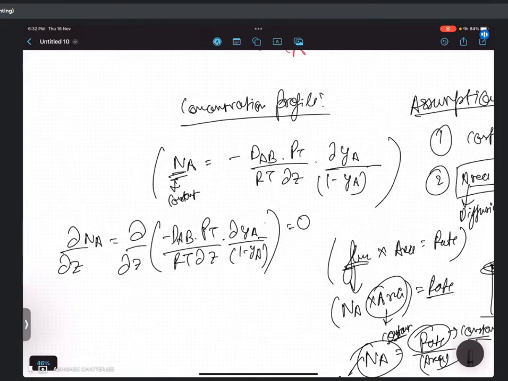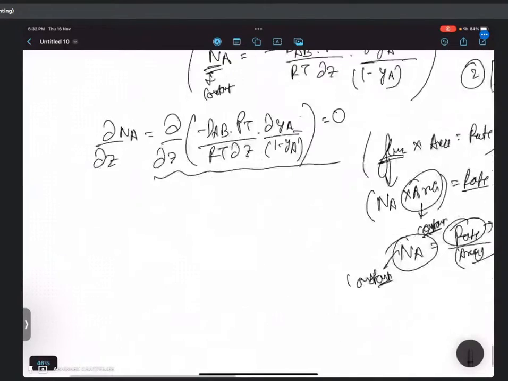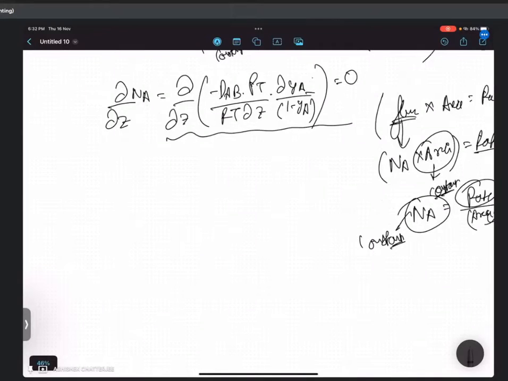Why is NA constant? Because our diffusion area is constant. So dNA by dZ will be equal to 0. Clear? So this quantity is equal to 0.